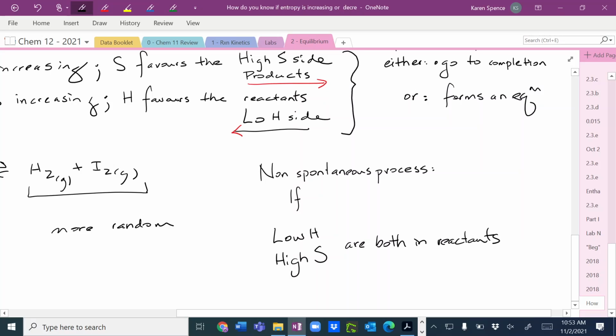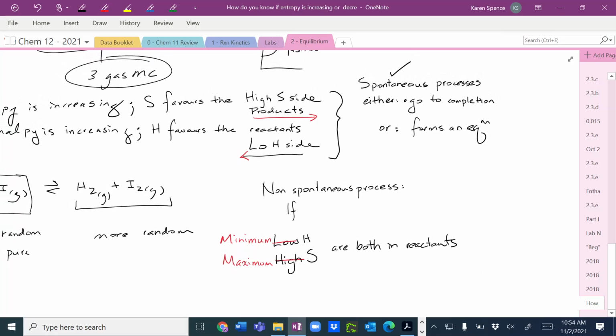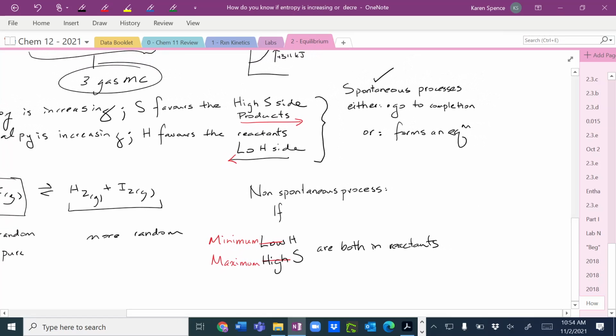What do we use instead? Instead of low, we use minimum. And instead of high, we use maximum. Okie dokie. Anything else we'd like to go over?